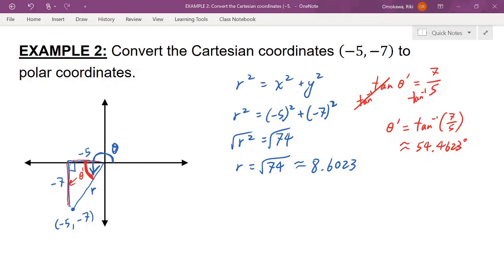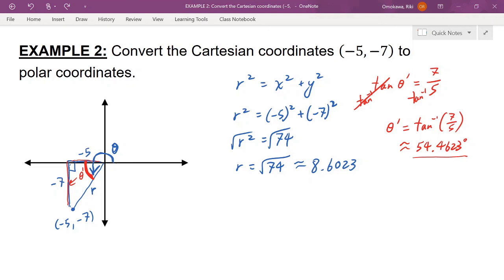But if we just said the angle for this polar coordinate is 54.4623, like positive 54.46, then that would be out here, which is the wrong point, right? We need the point down here. So what you do is you can use the quadrants and the right triangle on our sketch to figure out what the actual angle should be.